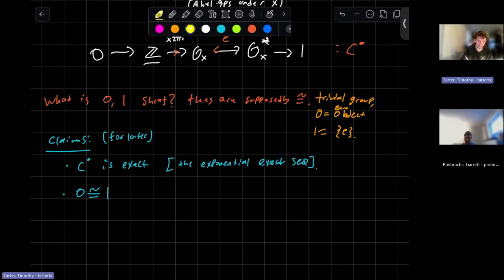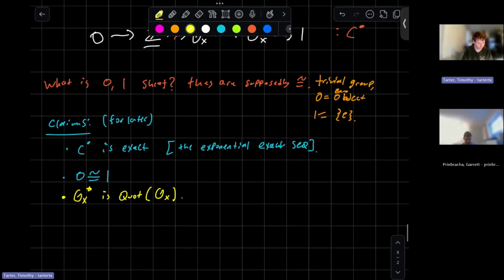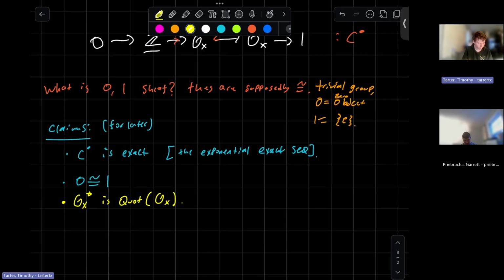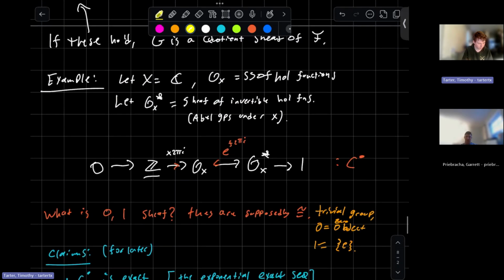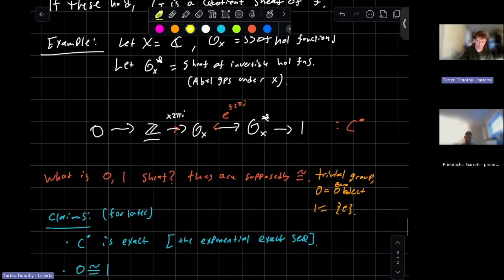And then as a result of this, according to our definition, O X star is the quotient sheaf of O X because it's a surjection. No, it's a surjection of stalks.